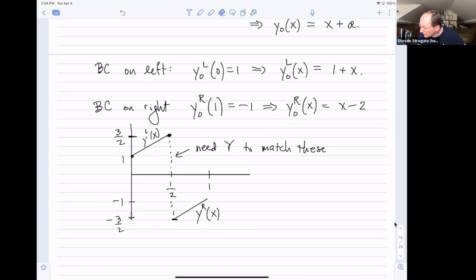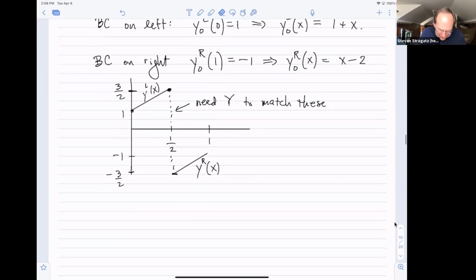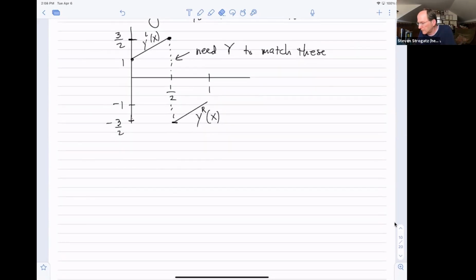Okay, so now we have to do the inner region. And let's quickly do that. Actually, this takes a little, I may have to go over slightly, but if you do a dominant balance argument on it, we can convince ourselves this layer has to have a thickness of epsilon.